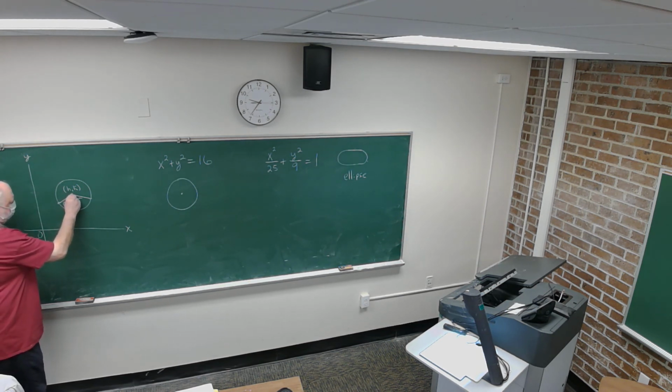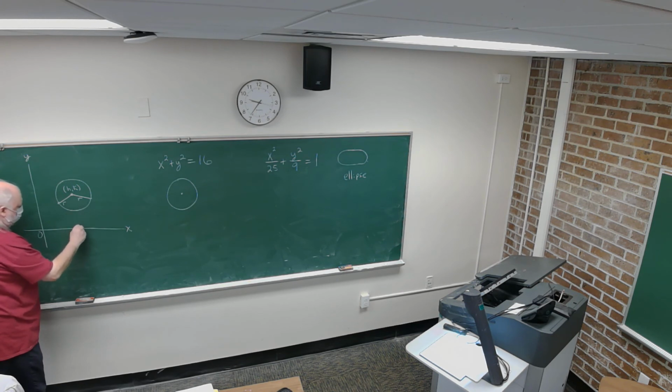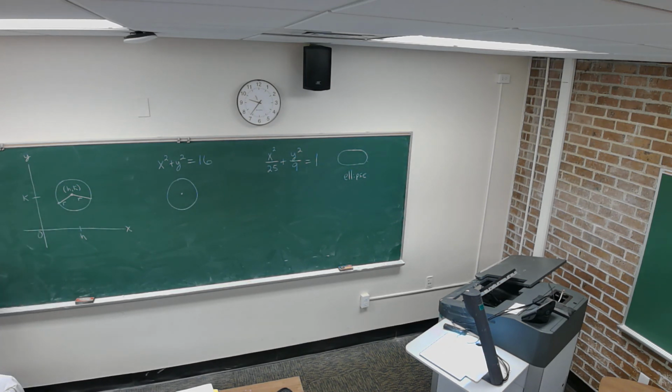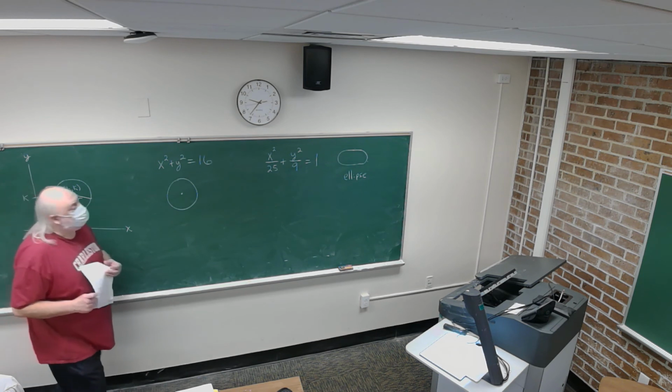So the center here has an x coordinate of h and a y coordinate of k. Given h and k and r, the equation of the circle in standard form is this right here. Any questions on that?